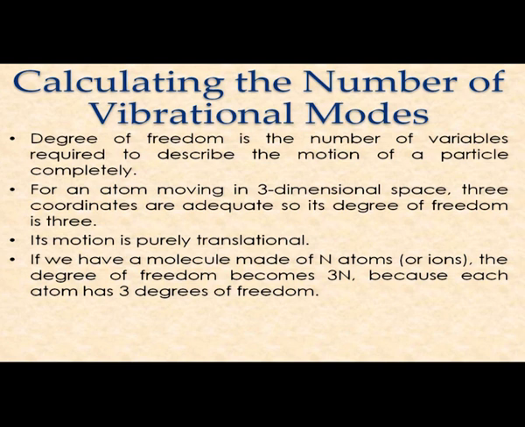translational. If you have a molecule made up of n atoms or ions, the degrees of freedom becomes 3n, because each atom has 3 degrees of freedom. So, n atoms will have 3n degrees of freedom. This is the very basic concept in calculating the number of vibrational mode, number of degrees of freedom.